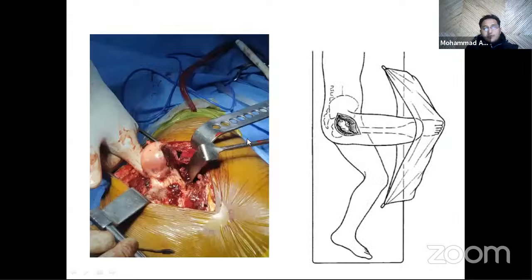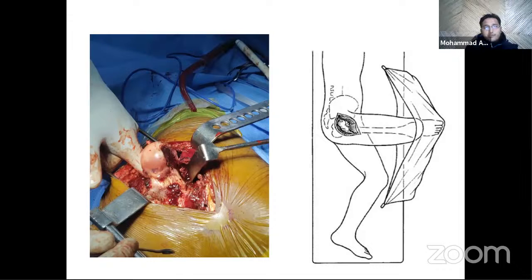After that, we dislocate the hip joint by flexing, adducting, and externally rotating it, and the hip is brought in front and into a sterile bag. We just dislocate the femoral neck with the help of a bone hook.